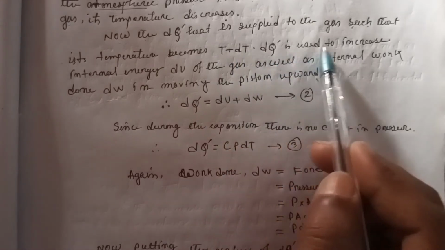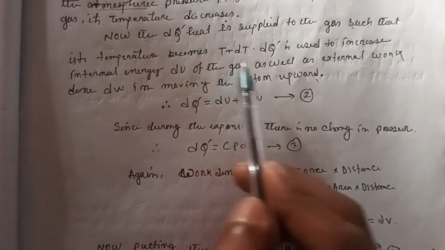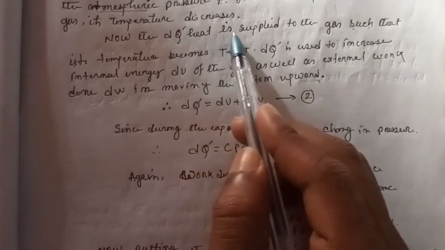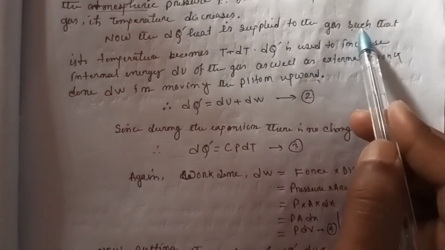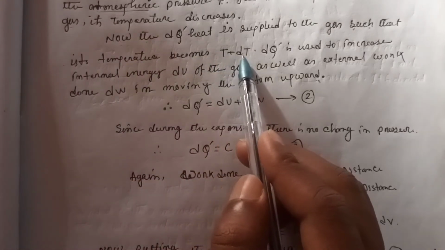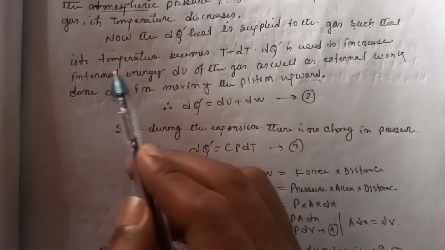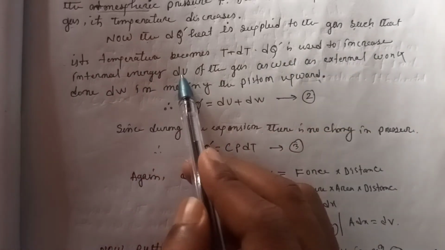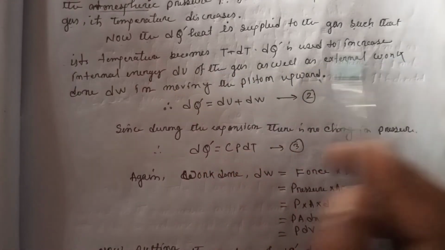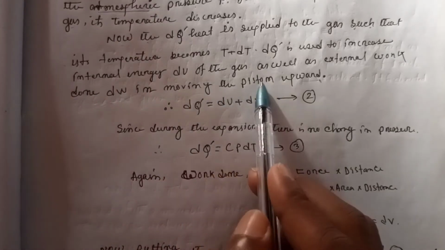dq dash is used to increase the internal energy dU of the gas as well as the external work done dW in moving the piston upward.